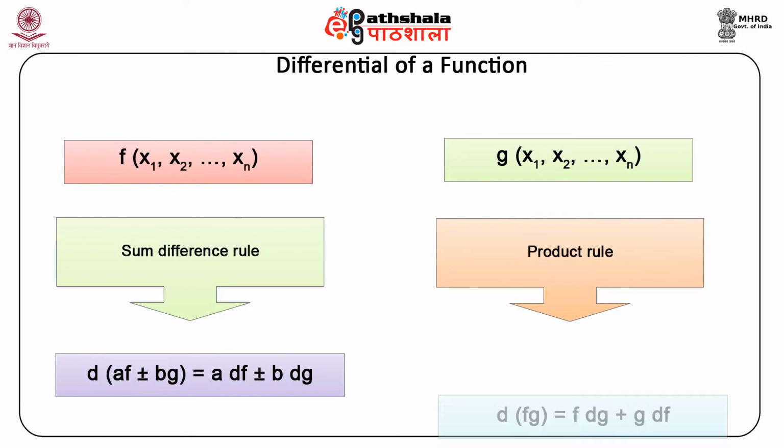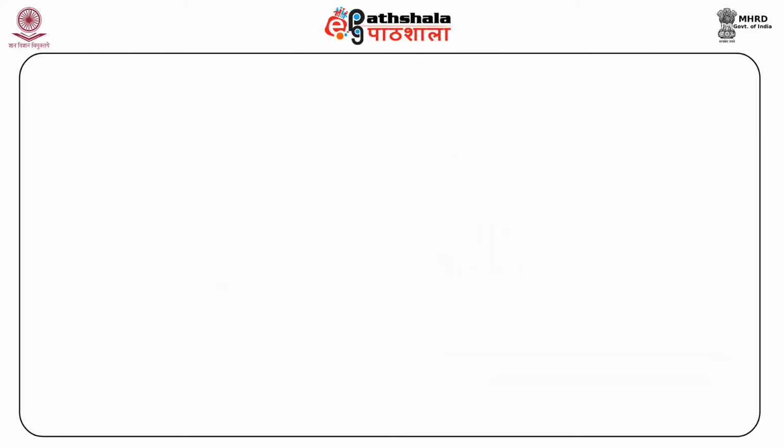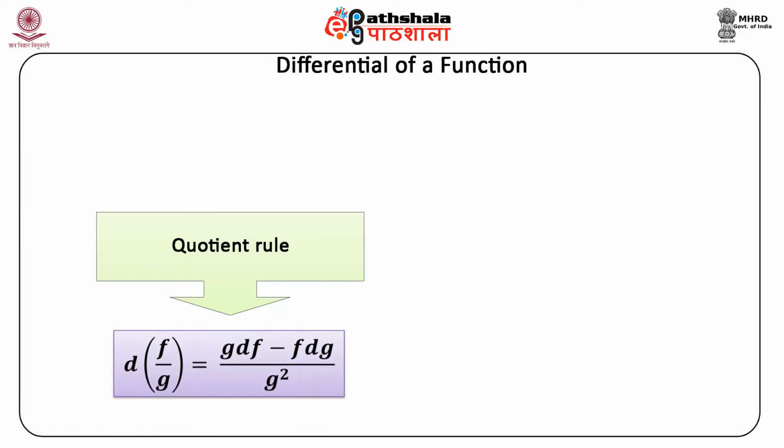Product rule: d of fg is equal to f of dg plus g of df. Quotient rule: d of f upon g is equal to g df minus f dg upon g square, where g is not equal to 0.